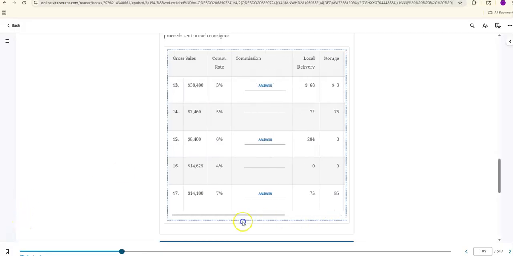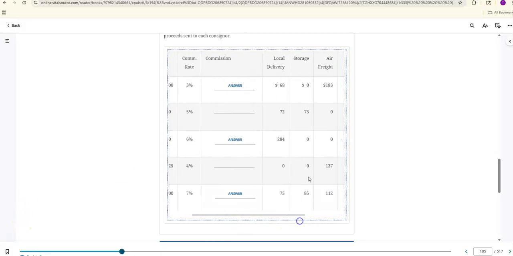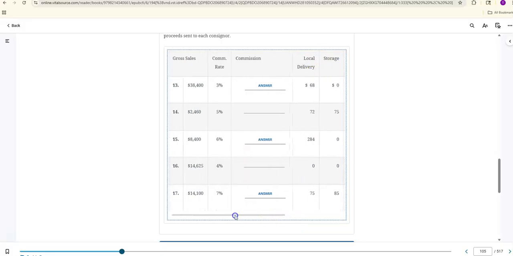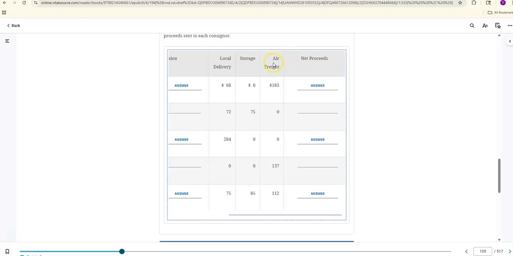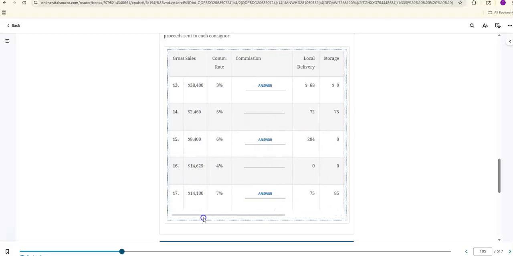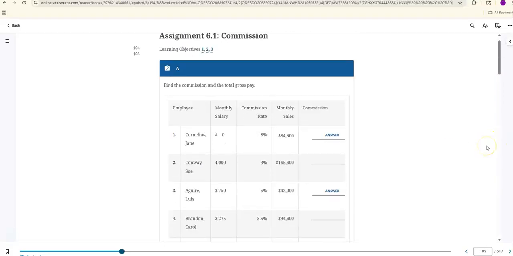And so make sure that you do use the scroll bar because there is information here that you might not be able to see if you just leave it as is. So make sure that you are able to see all the columns, such as the gross sales, commission rate, local delivery amount, storage fees, as well as the air freight. Okay, so let's get started.